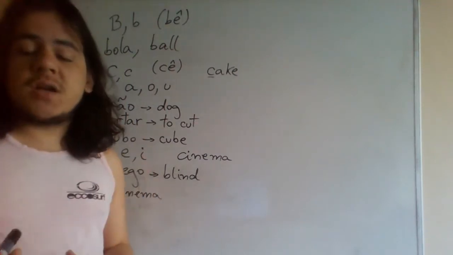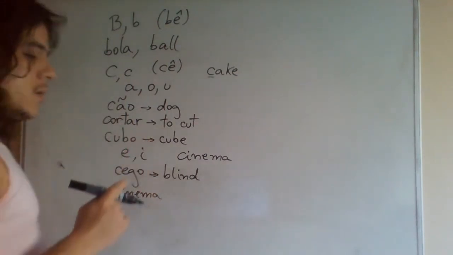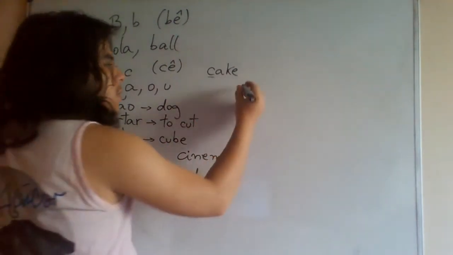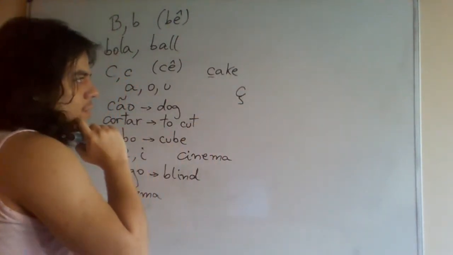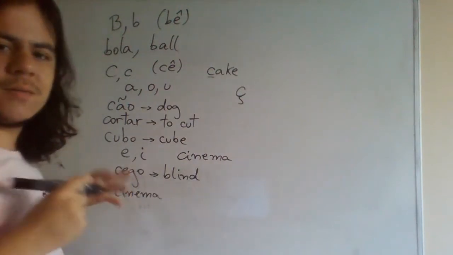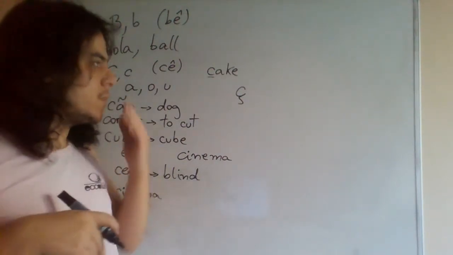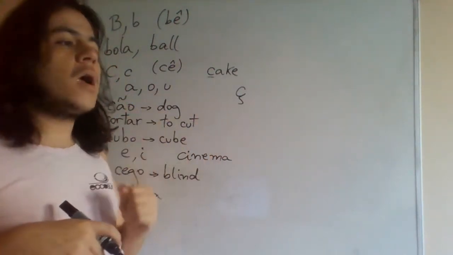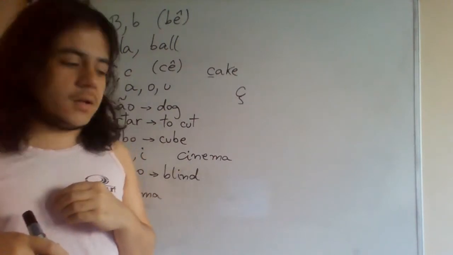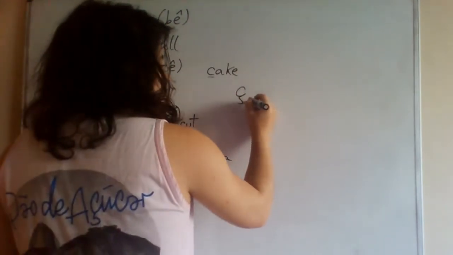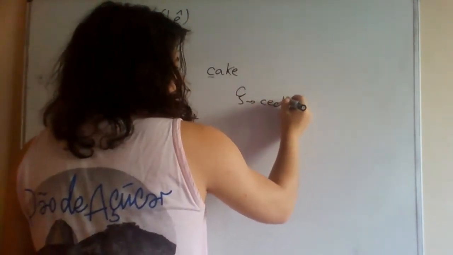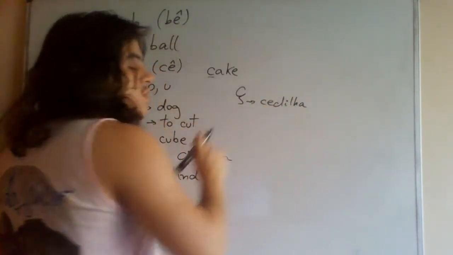But attention, we can put a mark below the letter C like this, a little snake below the letter C, and we call this mark the cedilla in English. In Portuguese it is cedilha.